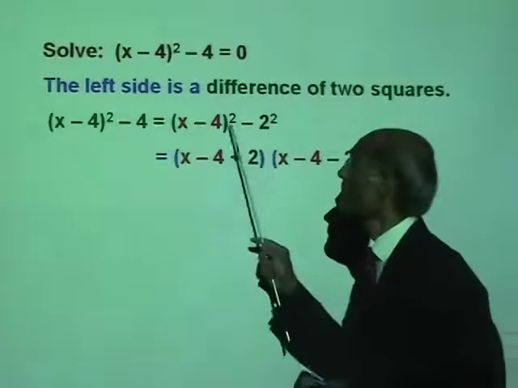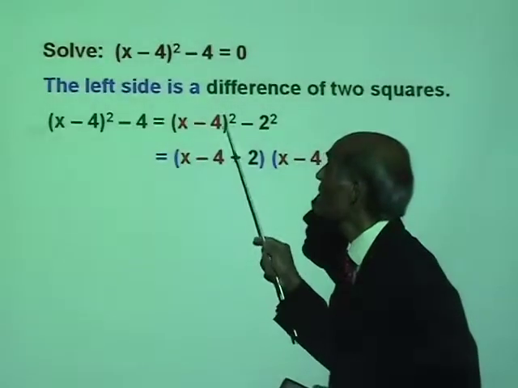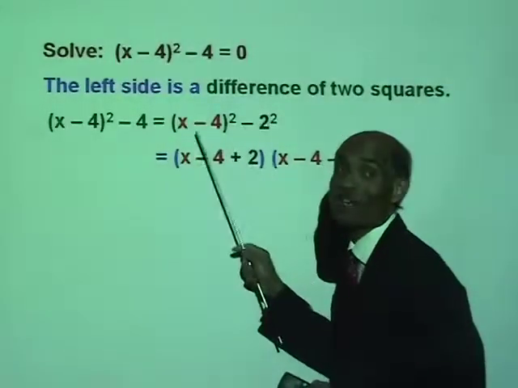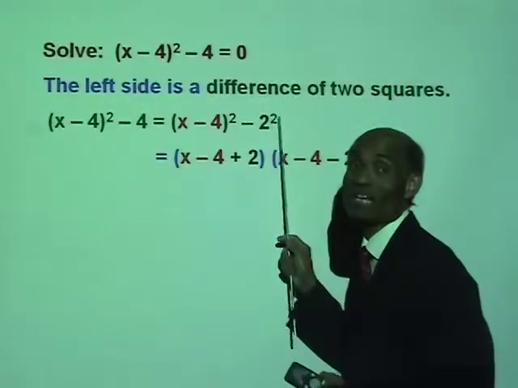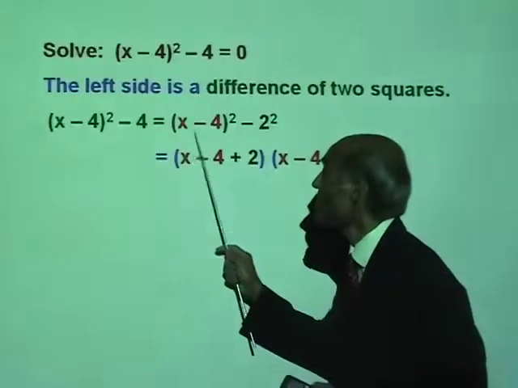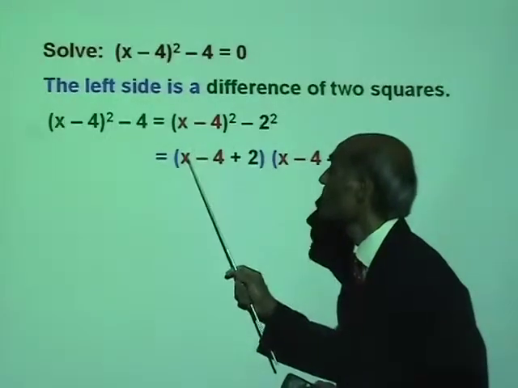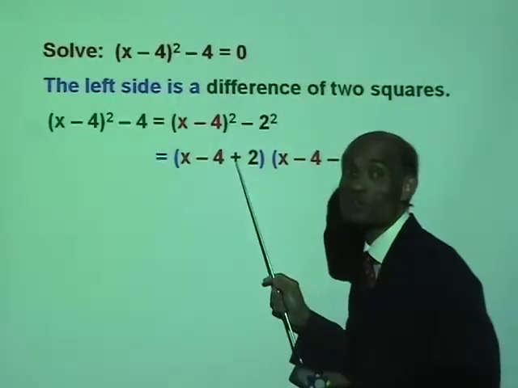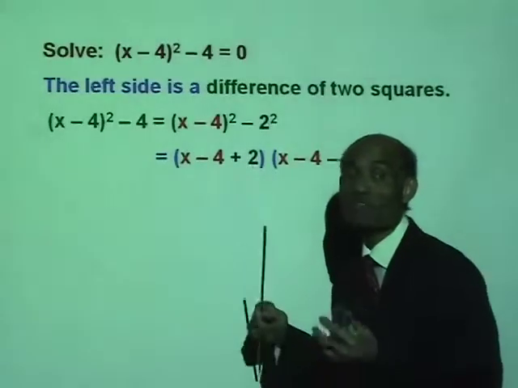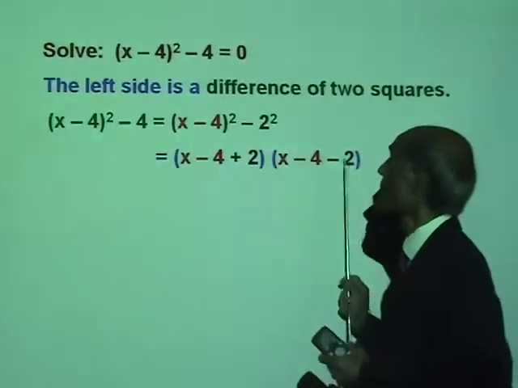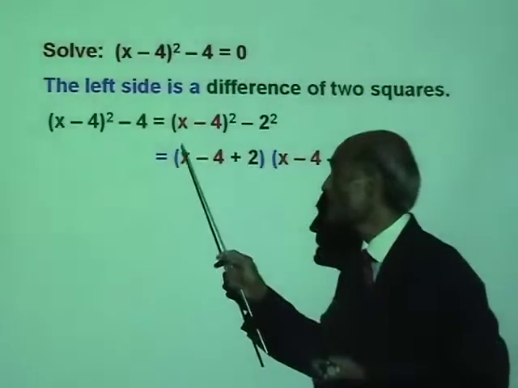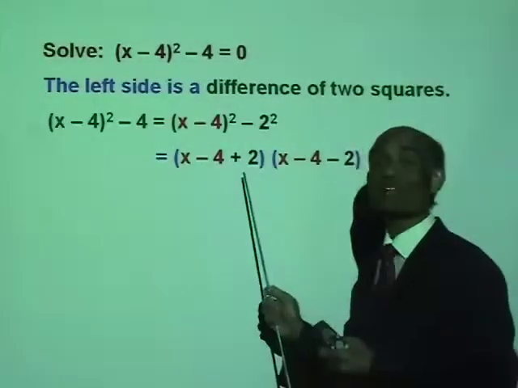Once again, the difference between the two squares, x minus 4 squared minus 2 squared, is factored as the sum of the two quantities, x minus 4 plus 2, multiplied by the difference of the two quantities, x minus 4 minus 2. Alright, simplify in each parenthesis.